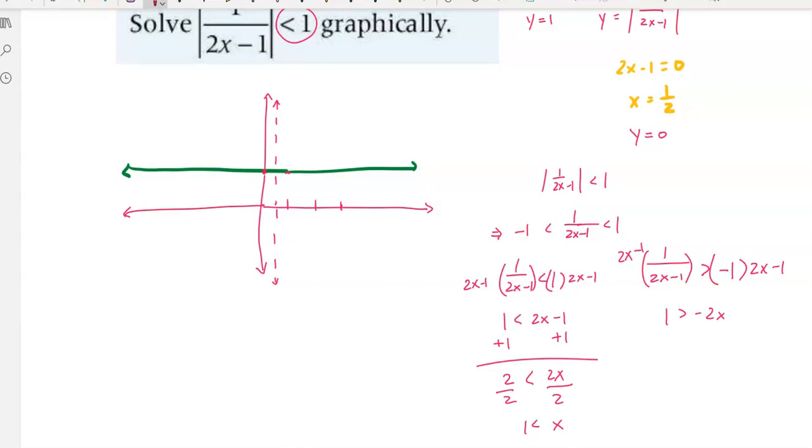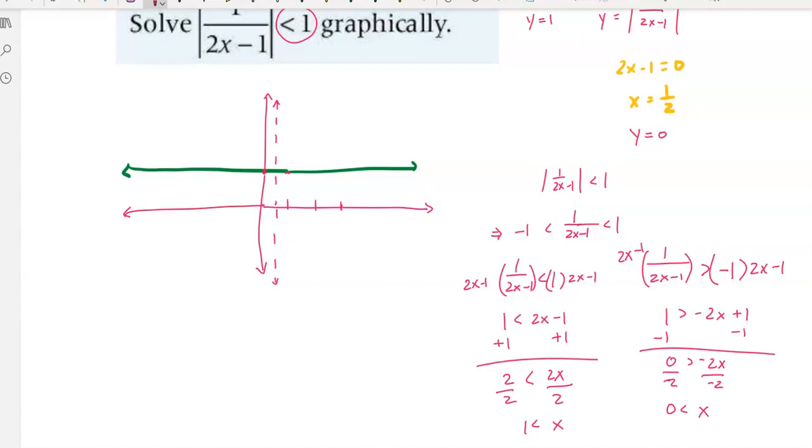Let's see. Negative 2x plus 1 minus 1 minus 1. Negative 2x greater than 0. Divide by negative 2, so 0, U-turn, x. So we have two inequalities.